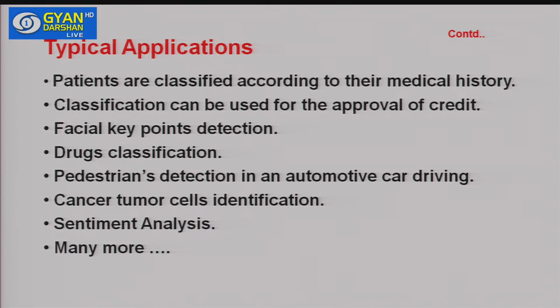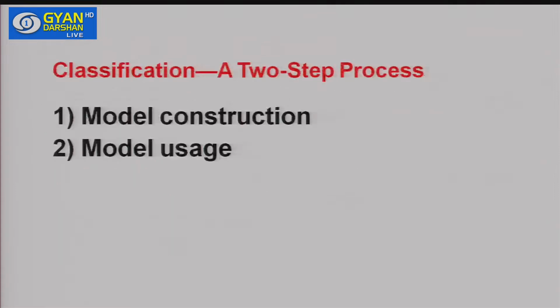In automotive driving, where we have a driverless car, pedestrian detection actually uses these classification techniques, as do sentiment analysis, cancer tumor cell identification, and many more. So different applications are there in daily life where we can use these data mining techniques, or in particular classification techniques, to predict or classify something into a particular class or not.